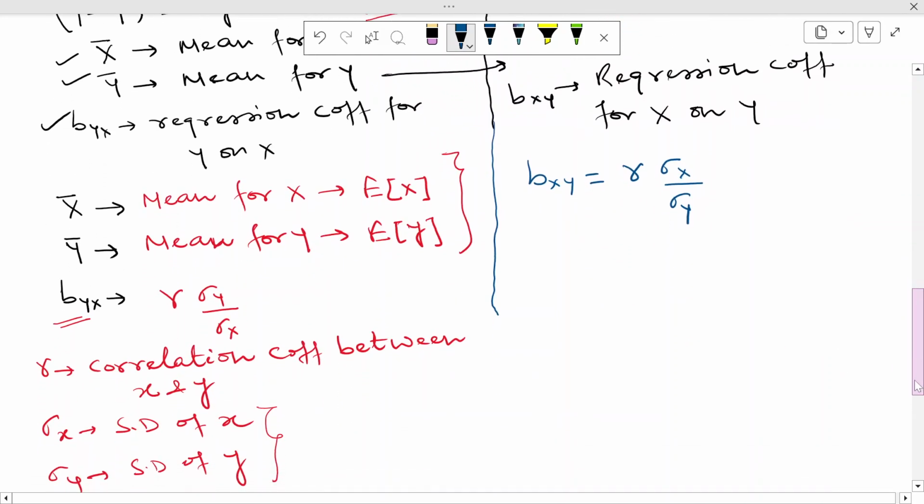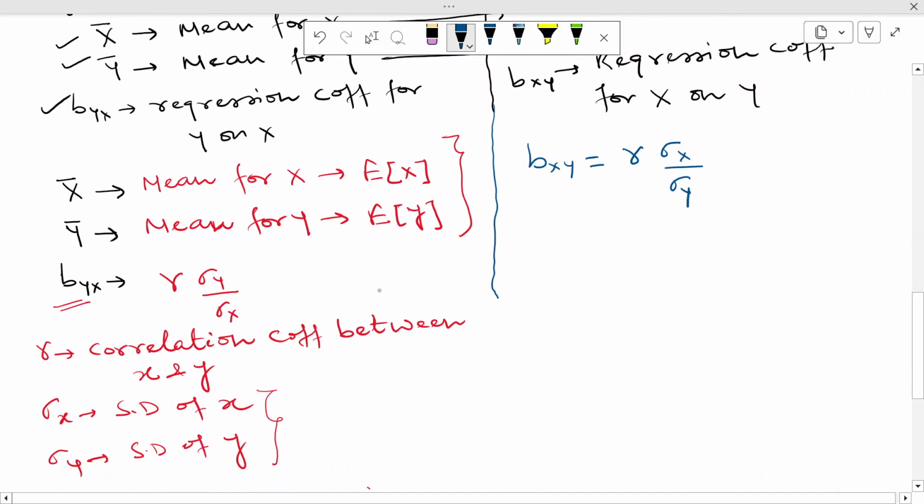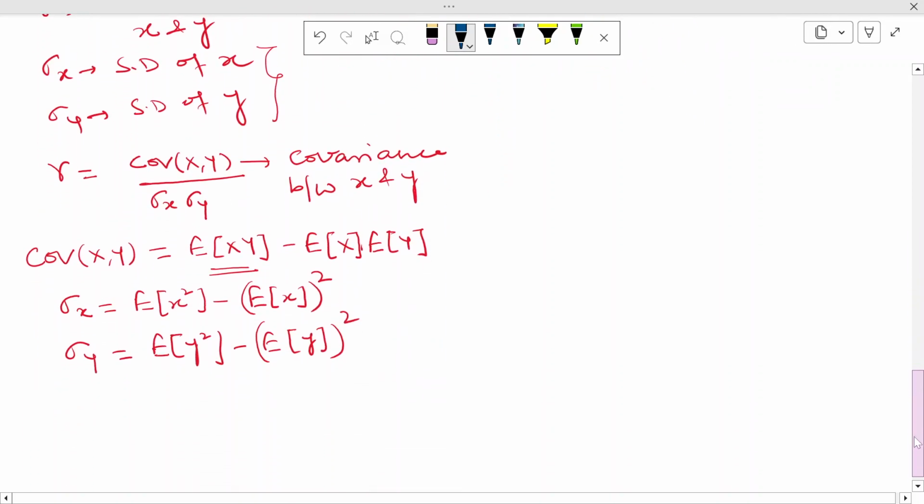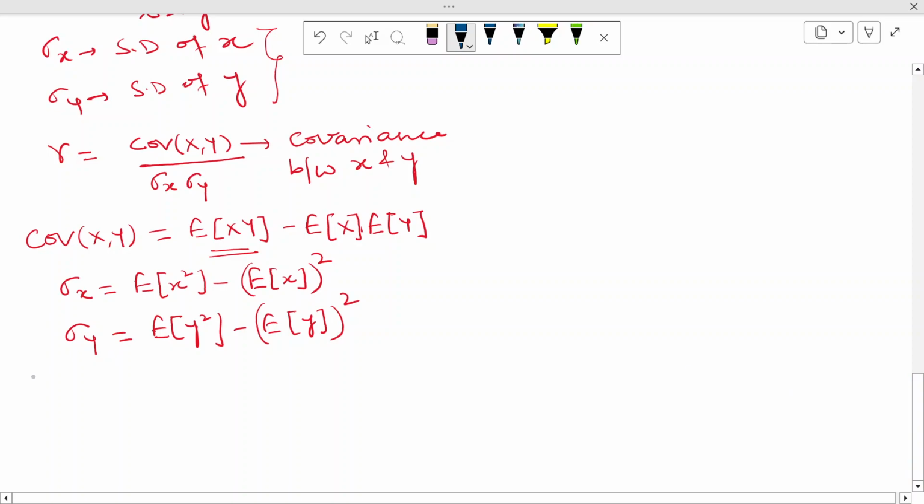Here r, sigma x and sigma y have the same meaning as discussed here. So we have to find all the expectations, the joint expectations and the marginal expectations for x and y, so that we can find the covariance and the correlation coefficient, which later can be used to obtain the values of byx and bxy, and we can find the regression lines.